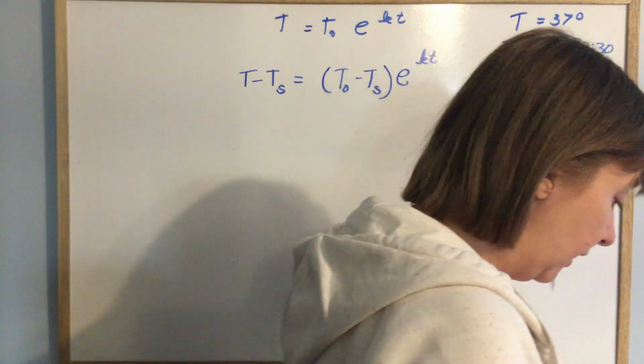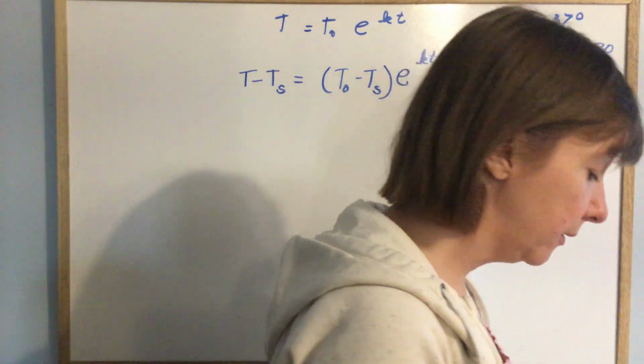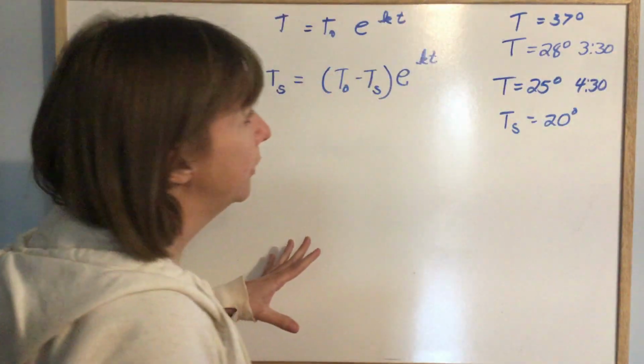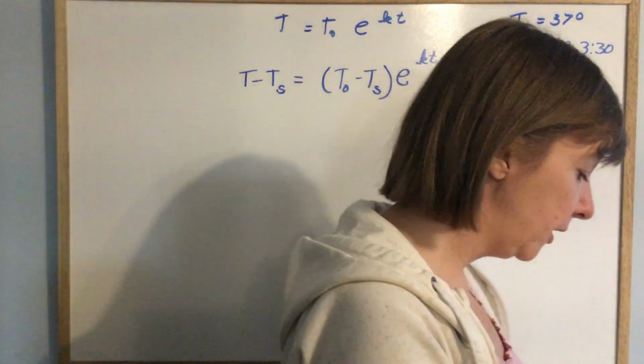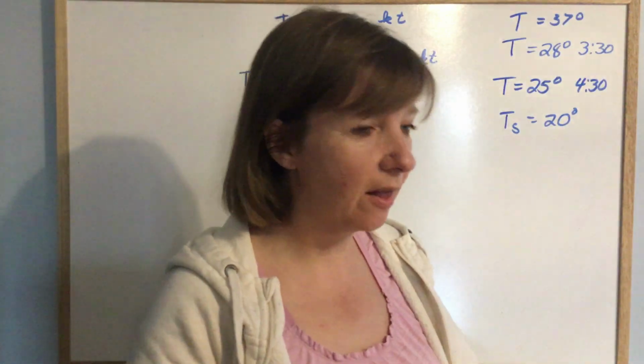Anyway, I'm going to go through this step by step. We're going to assume that Newton's law of cooling applies. We're going to assume the guy wasn't sick when he was killed and his body temperature was normal, and that he wasn't me, whose body temperature is like a degree less than everybody else's.